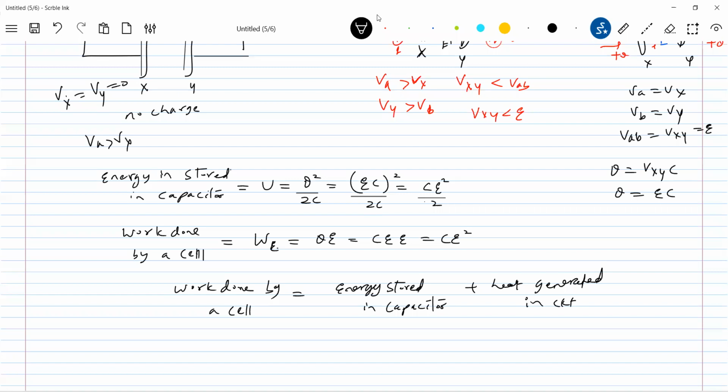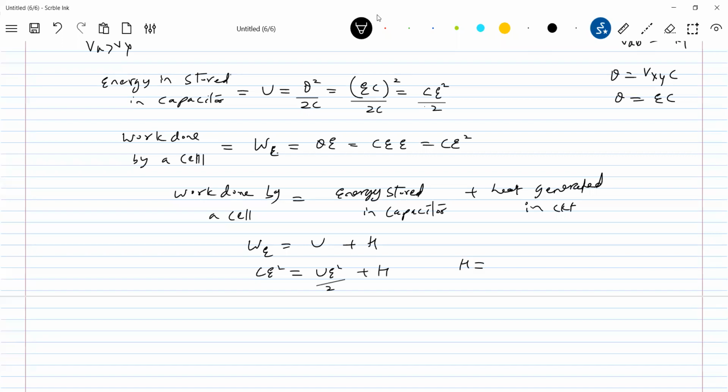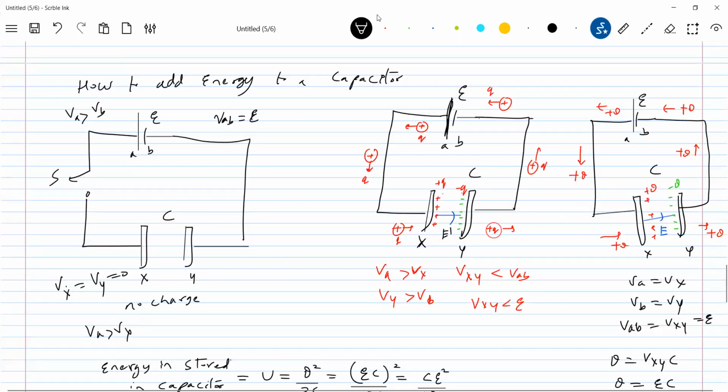So we write it like this. Substituting all the values, this is C. This much will be the heat generated in the circuit, half of it. So now you tell me, I want to store 10 joules of energy in a capacitor.